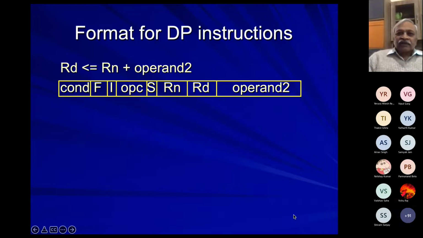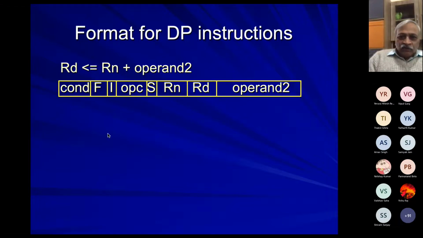The instruction has a format which is shown, which has actually more than 4 fields. One would expect that you require 4 fields to specify these 4 things, but there are additional fields which are used firstly to place this instruction in the overall encoding scheme.